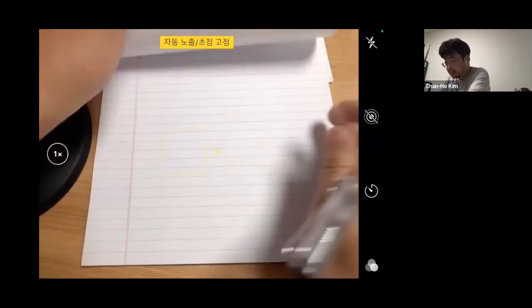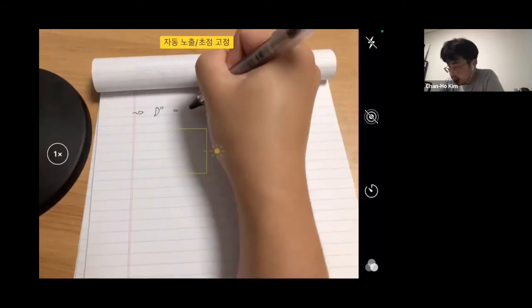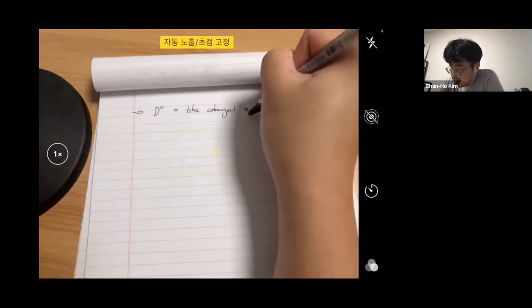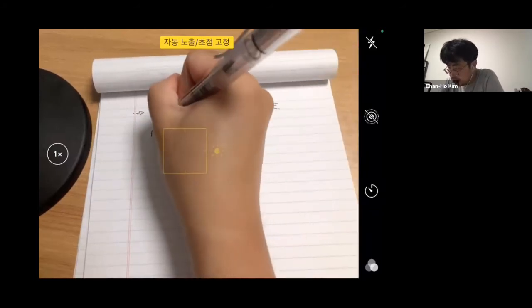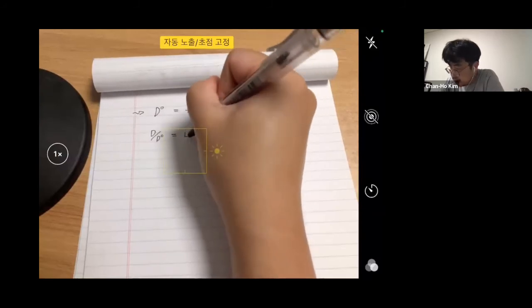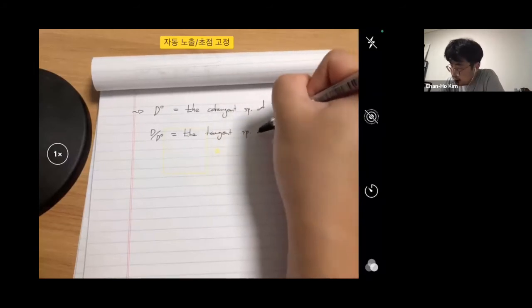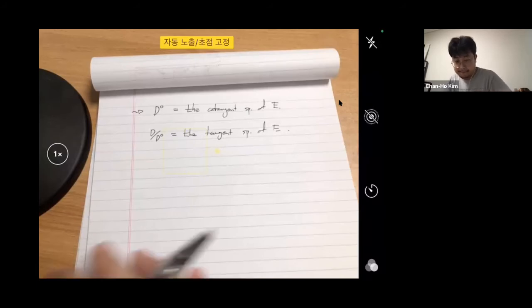So let me write down the next page. D0 is the cotangent space, and considering it's kind of dual, D quotient by D0 is the tangent space of E. As you've seen before, there exists an exponential map extending the formal exponential map.